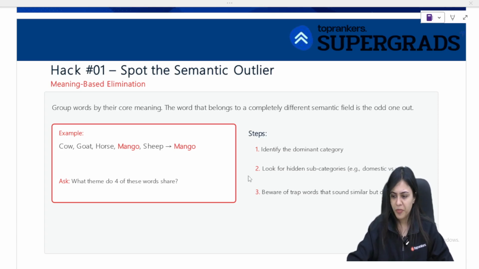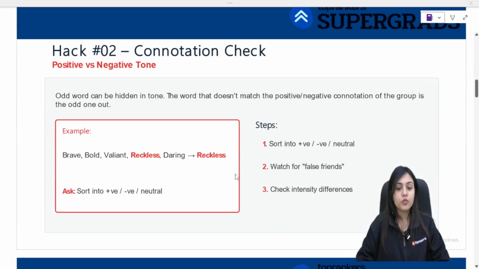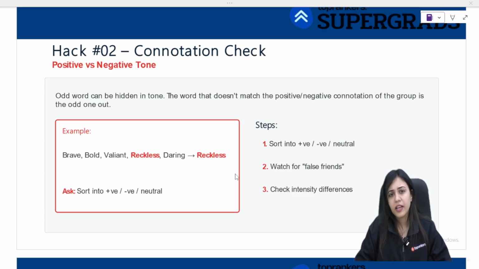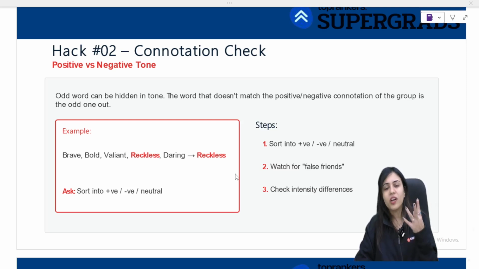Then moving to the second hack, which is based on connotation, positive or negative connotation, whether the writer has spoken about a topic in only a positive way, or whether the writer actually criticizes or talks about a certain thing in a very negative light. So the odd word or odd sentence can be hidden in the tone, as you can see.